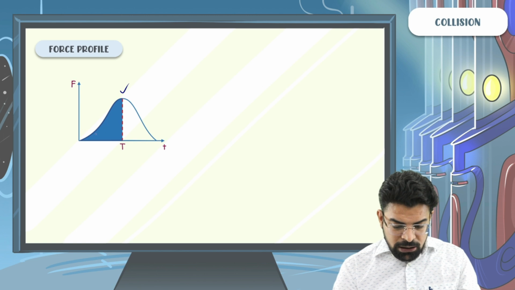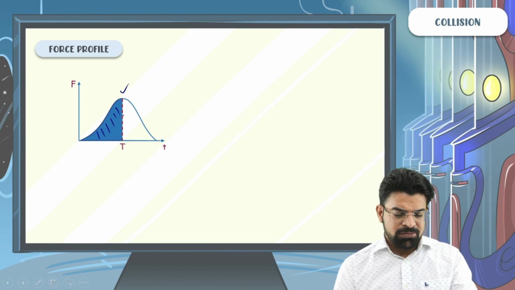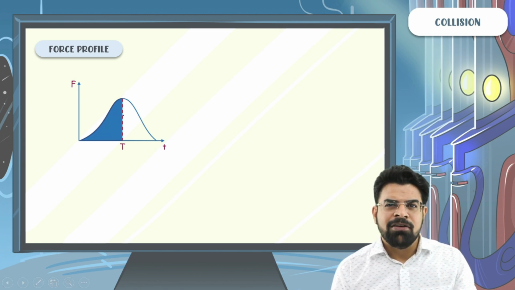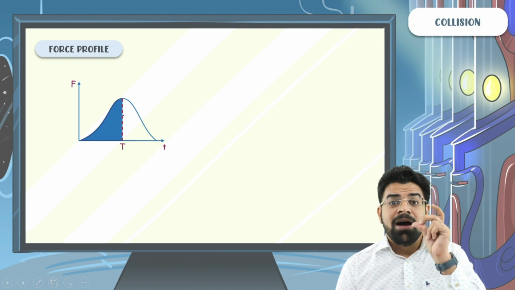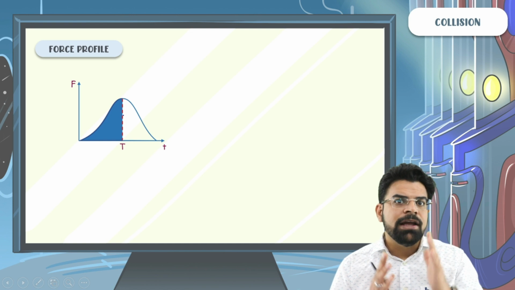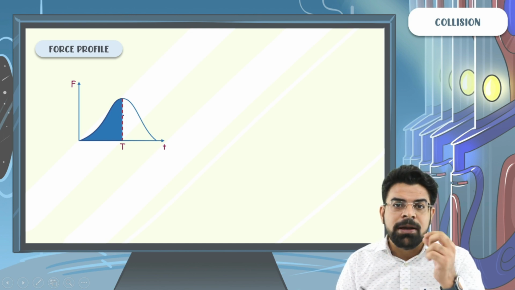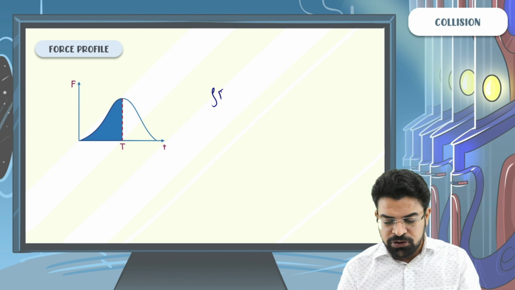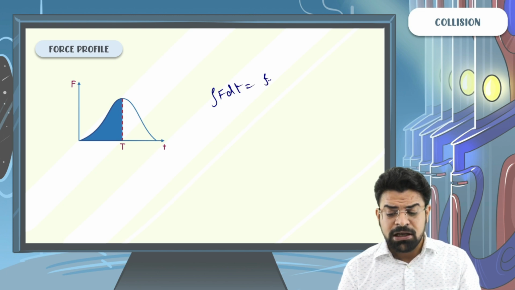So what does the area under the force time graph give? The area under the force time graph gives you change in momentum. The area under the force time graph gives you impulse. Area under the force time graph gives you integral F dt, which is nothing but impulse.